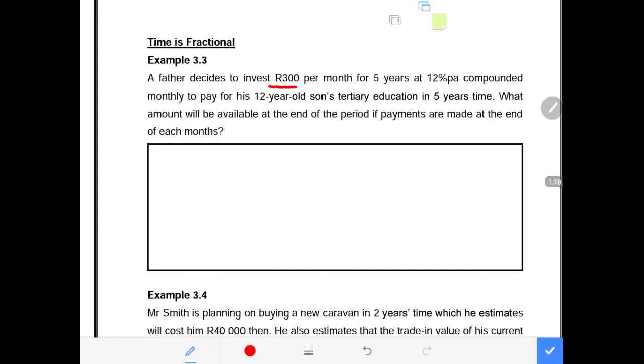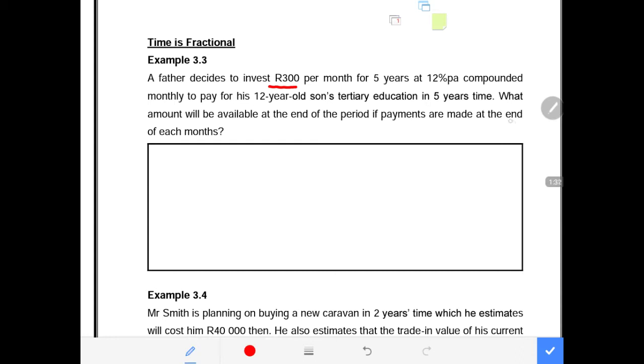So this son is expected to be at university at the age of 17 or 18 plus minus. What amount will be available at the end of the time period if payments are made at the end of each month?